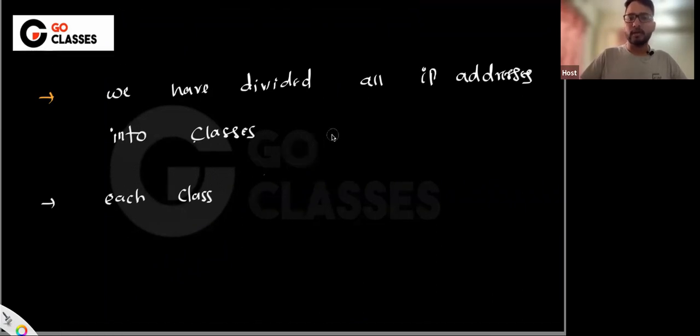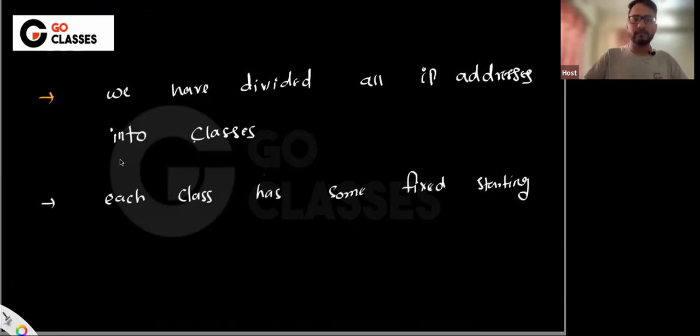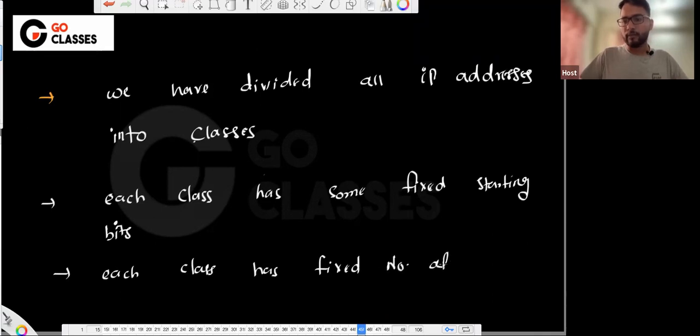I mean, you can identify each class has some fixed starting bits, right? Each class has a fixed number of bits for network ID and host ID, right?